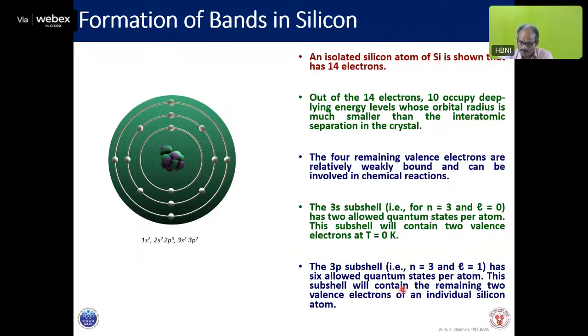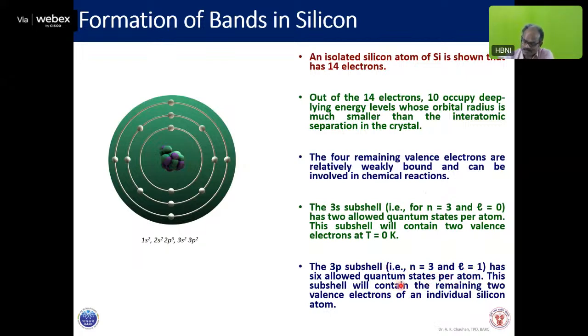However, see this 3s subshell, we know it has L equal to 0. So this can have only 2 quantum states per atom. When n is equal to 3, L is equal to 0, it can have only 2. However, the 3p subshell, which is having L equal to 1, how many will it have?